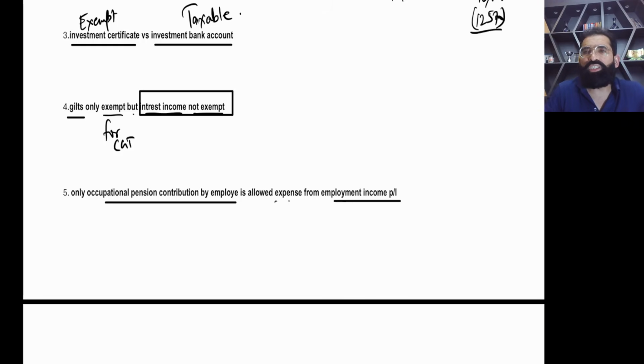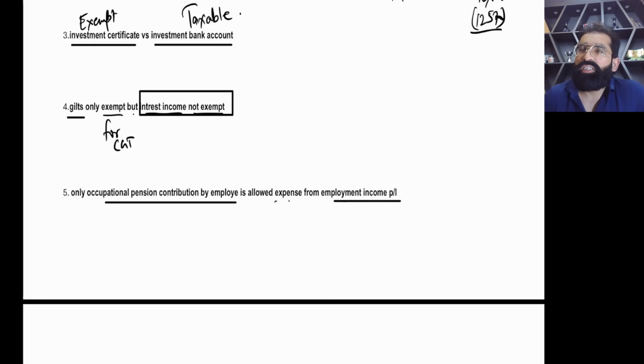Yes, the pension contribution which is allowed, although we all agree that normally we get relief on pensions, okay? But personal pension relief is different. Occupational pension relief is different.